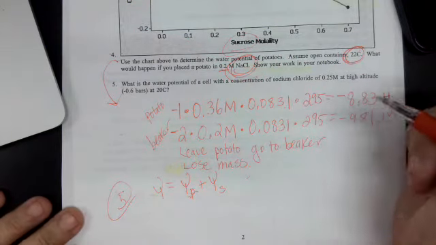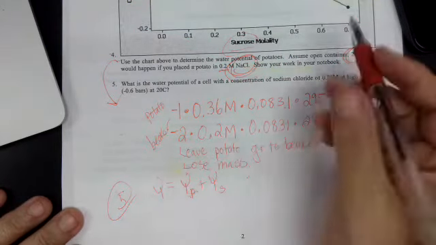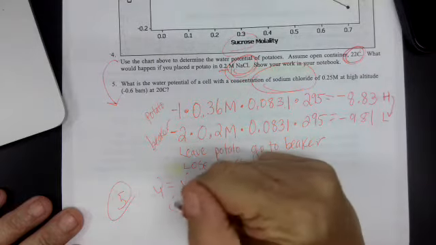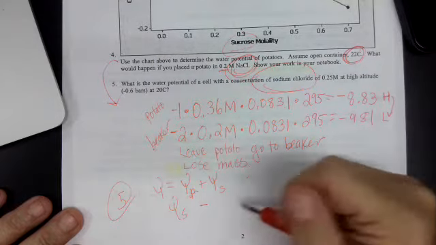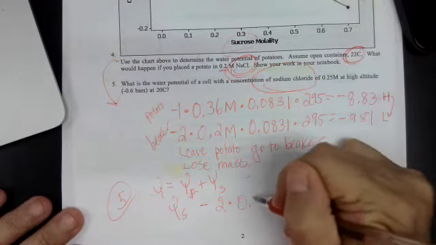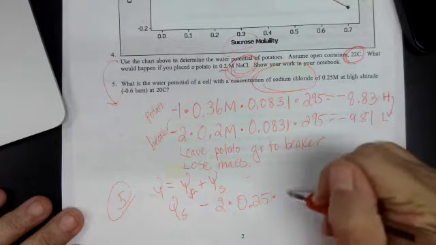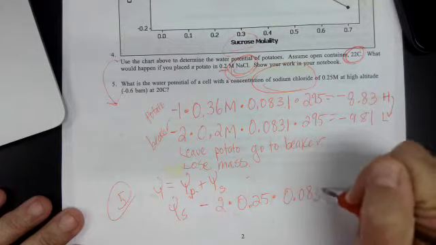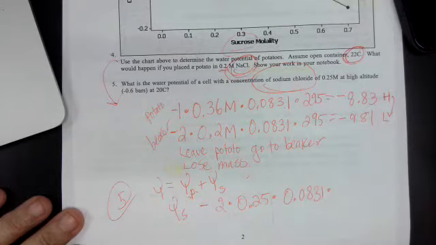So in this case, we have sodium chloride. So to find my solute potential, we do a negative 2 times my molar concentration of 0.25 times our pressure constant of 0.0831 times a temperature in degrees Kelvin.